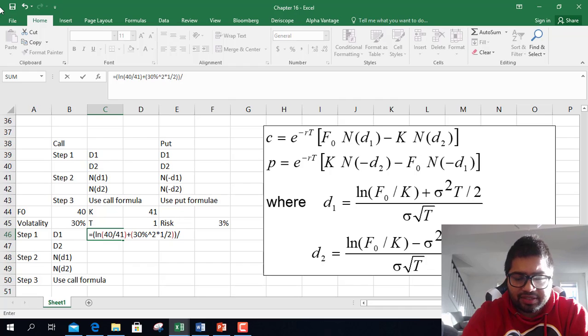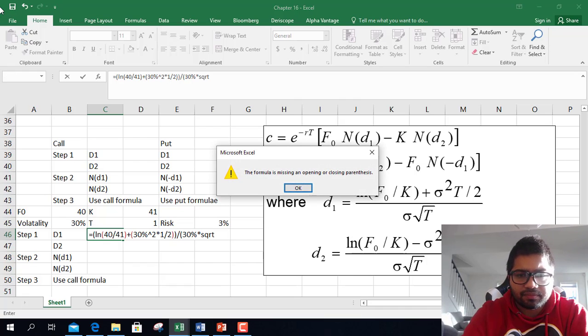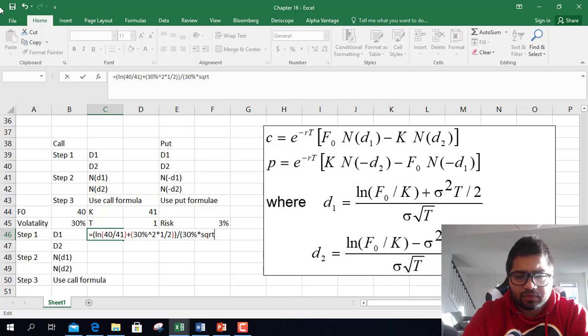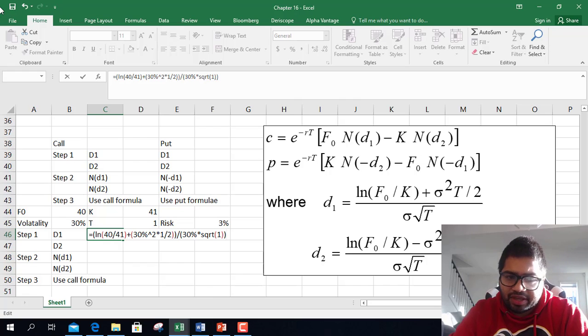Divide this by sigma, 30%, into square root of T, square root of 1.